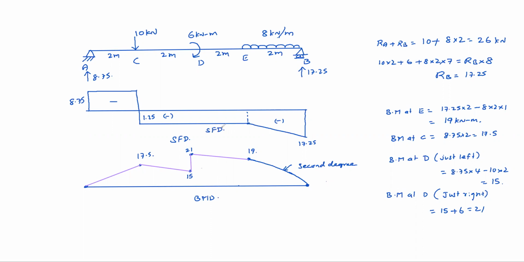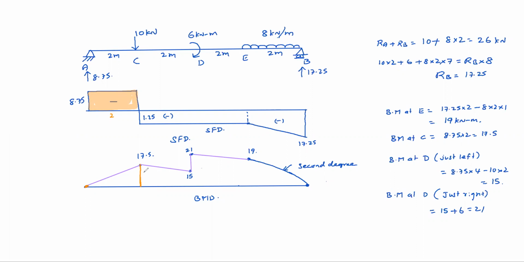So one thing clearly you can observe. Suppose the area of this will indicate what? 8.75 into 2. That will be this height. The height difference from here to here is 17.5.